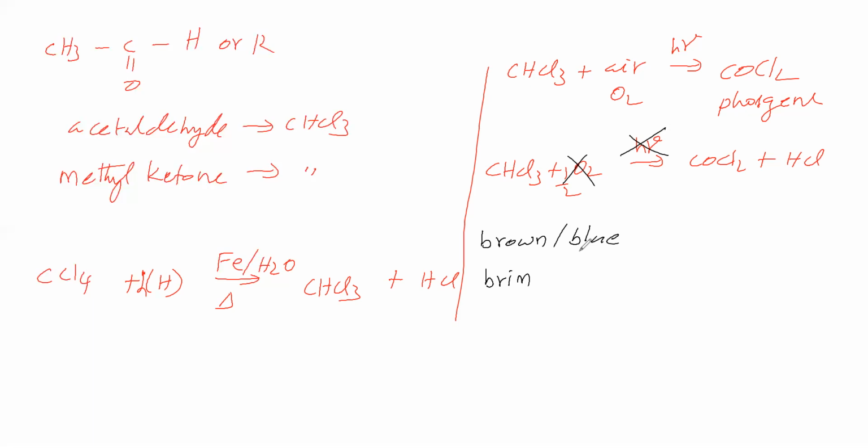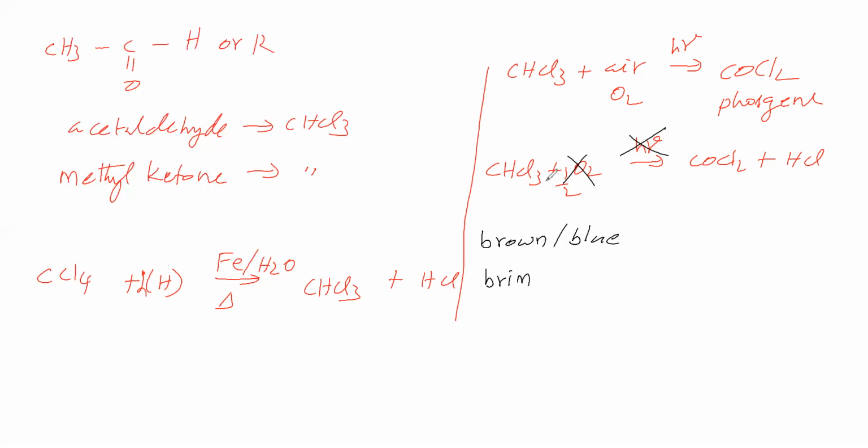Though we have used dark colored bottles, brown or blue, sunlight radiation is prevented, though not completely, only to some extent. We are filling chloroform up to the brim, so this bottle is fully filled with chloroform.